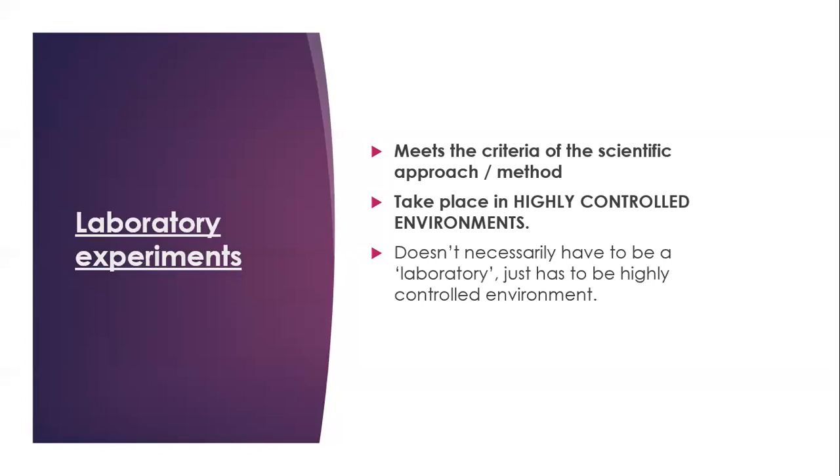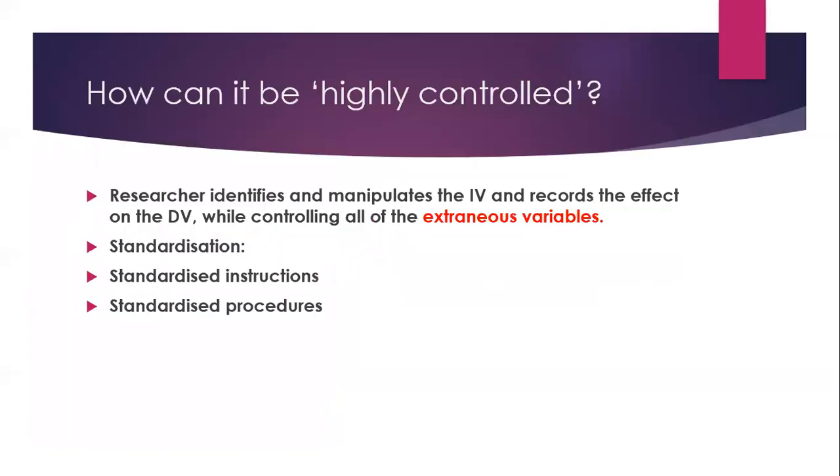So don't get the image of scientists in white lab coats, with all their chemicals and glass tubes and their flame Bunsen burners going off. No, our classroom, for example, can be turned into a laboratory because we've got that high level of control.